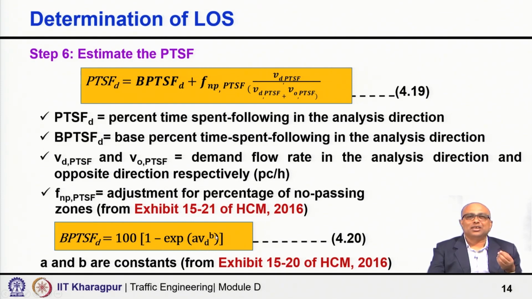So, a and b are the actual coefficients, and v_d can be calculated given the value of v_i. This equation 4-20 can be used here to calculate the base percentage of time spent following. Now, a and b are constants, and these values may be taken from exhibit 15-20, depending on the context.